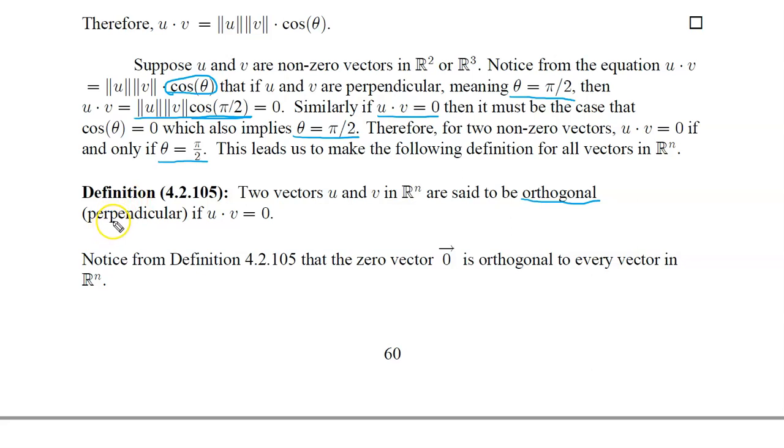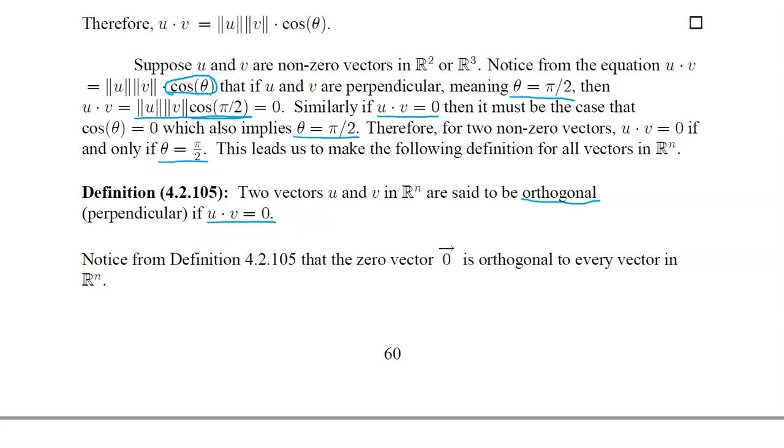So they're perpendicular or orthogonal if u dot v is 0. So that's our definition for orthogonality of two vectors in Rn. So we say two vectors are orthogonal, meaning perpendicular, provided that u dot v is 0.